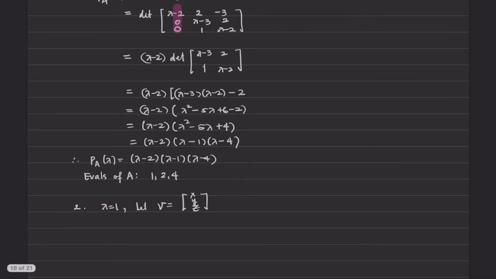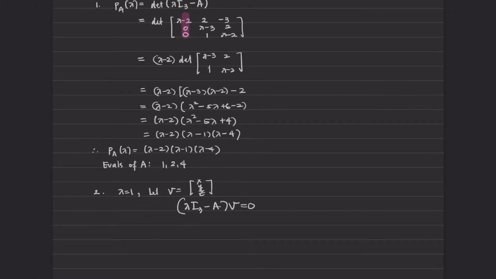Okay, compute natin yung lambda I3 minus A V is 0. So, palitan lang natin ito ng 1. Makakakuha tayo ng negative 1, 0, 0, 2, negative 2, 1, 3, 2, negative 1. And then your V, X, Y, Z.